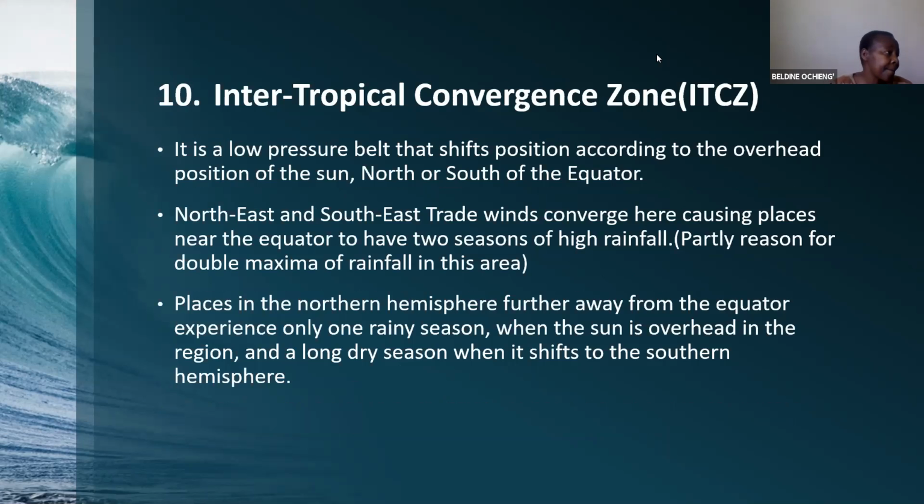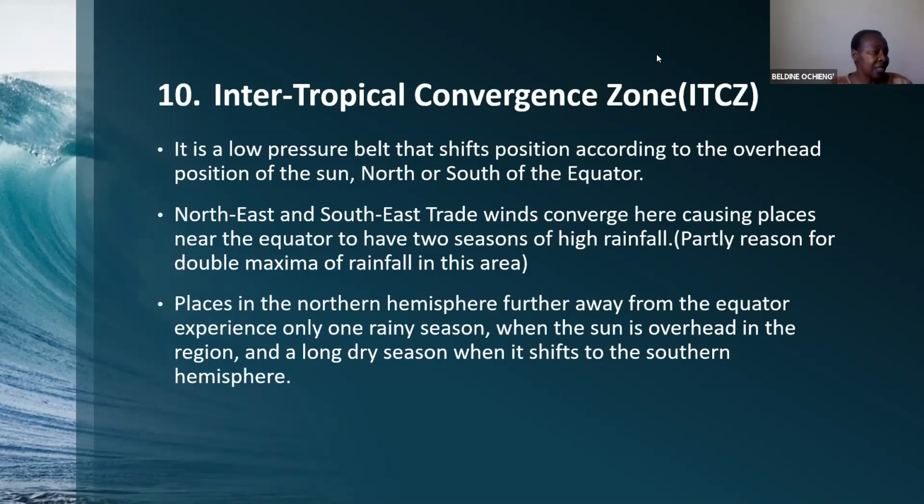The last one, intertropical convergence zone. It is a low pressure belt that shifts position according to the overhead position of the sun, north or south of the equator.